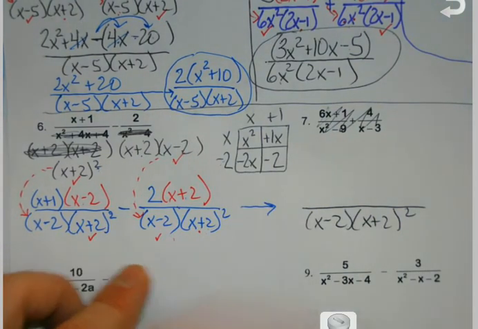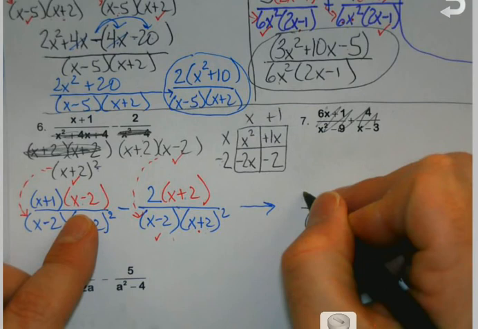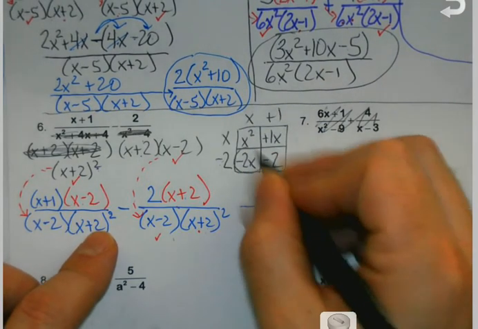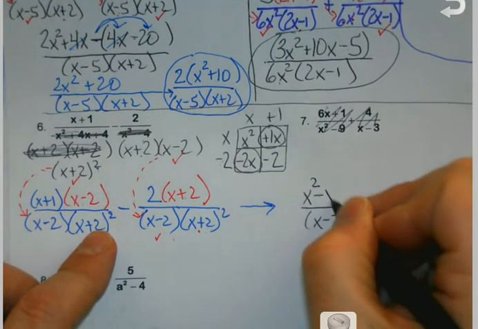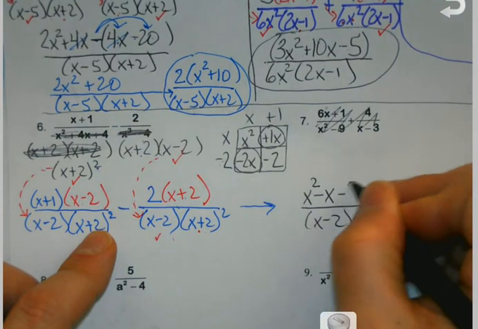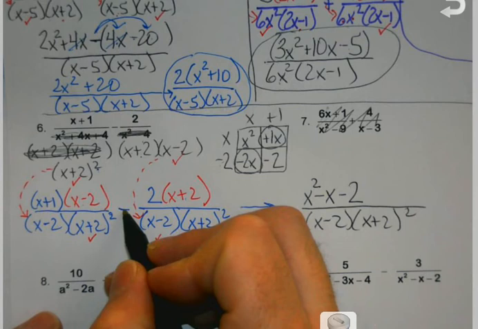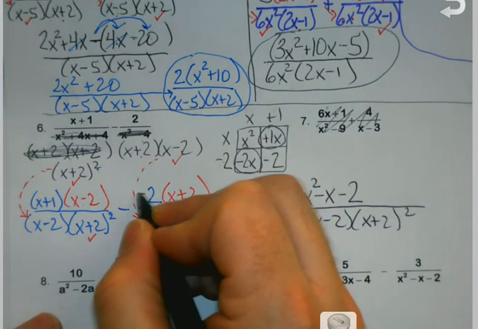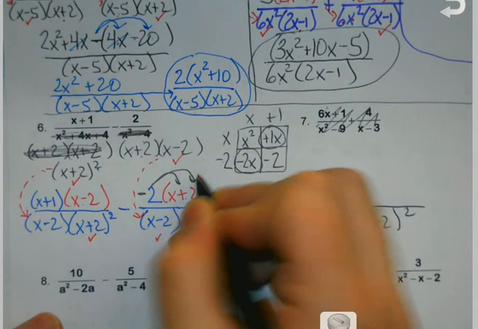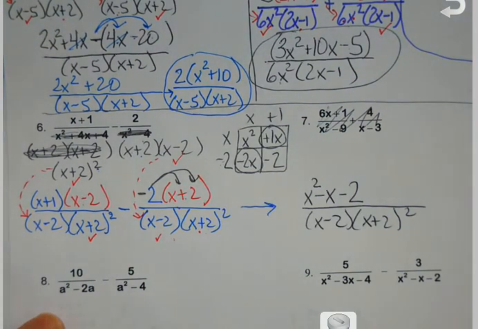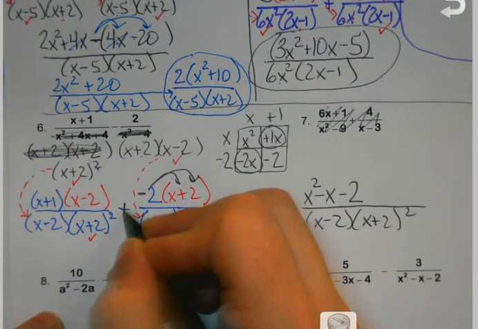So I get that multiplied out, and that's going to be x squared minus x minus 2. That's my first fraction. Here's what I'll have people do sometimes so they're not having to redo this a bunch. When they see the minus here, they'll say, can I just be like, this is negative 2 and distribute that through instead? Sure, you can do that. I'd make that plus.